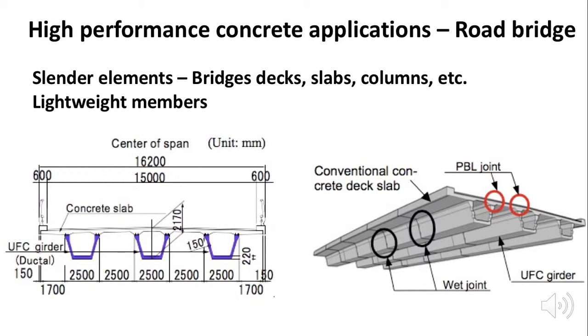As you can see in some of these illustrations, we're having webs of just 15 centimeters and slab thicknesses of 15 centimeters for bridge decks and road bridges. I think this is a great achievement or noticeable progress in concrete technology.